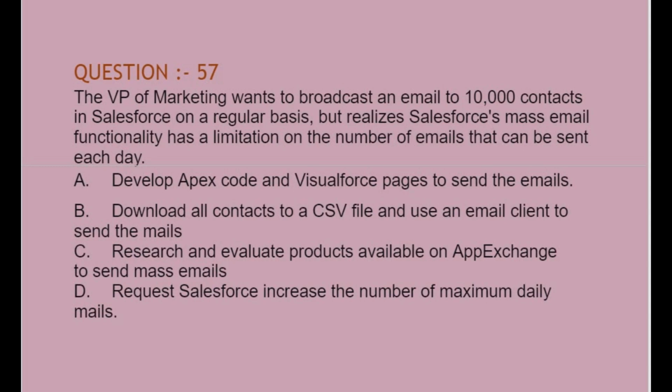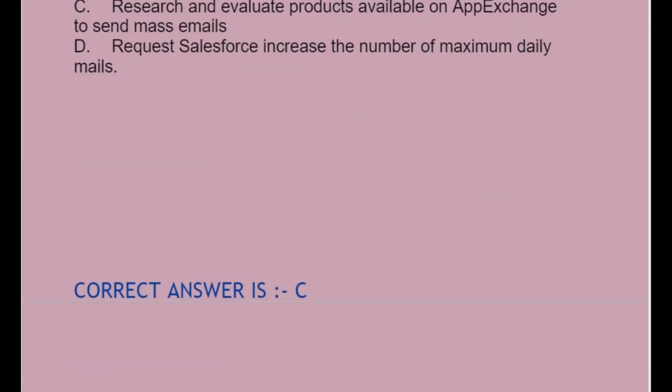Option B, download all contacts to a CSV file and use an email client to send the mails. Option C, research and evaluate products available on App Exchange to send mass emails. Option D, request Salesforce increase the number of maximum daily mails. Correct answer is option C.